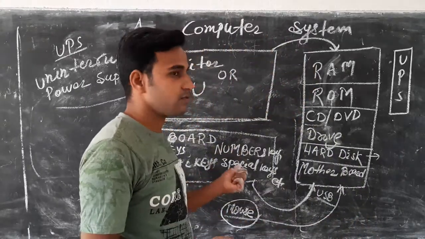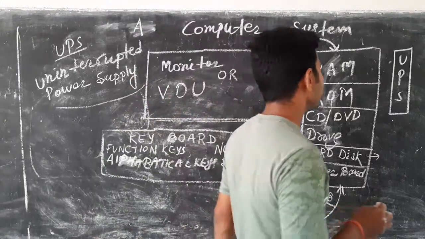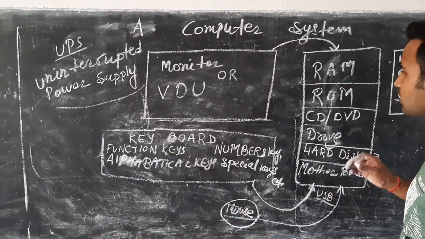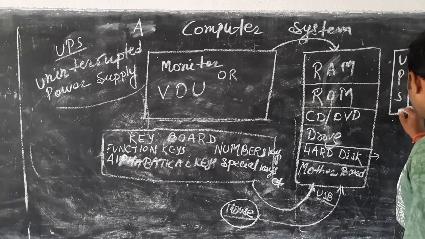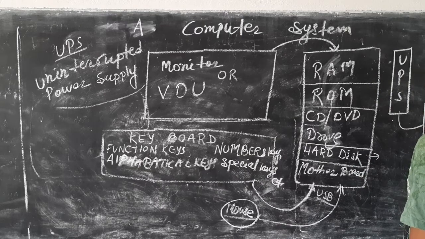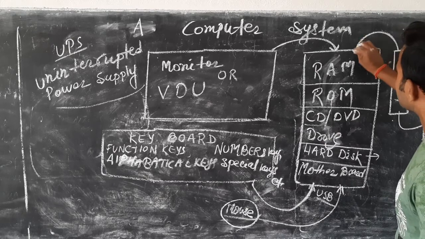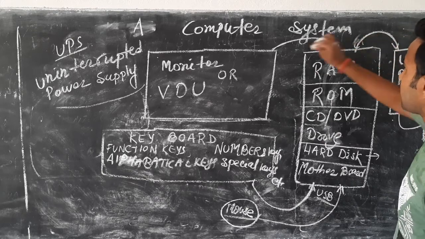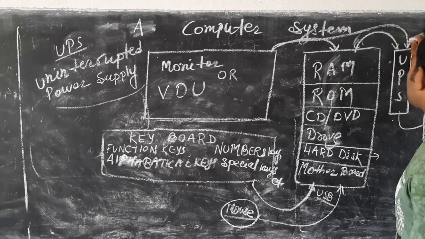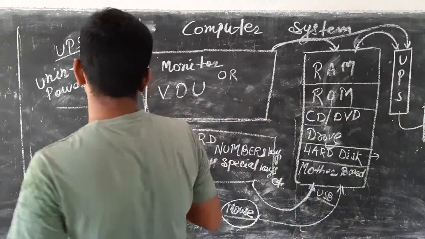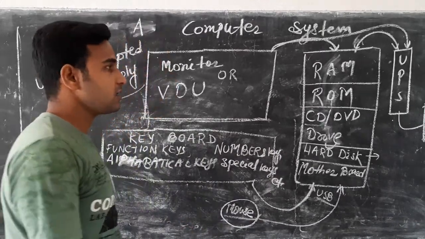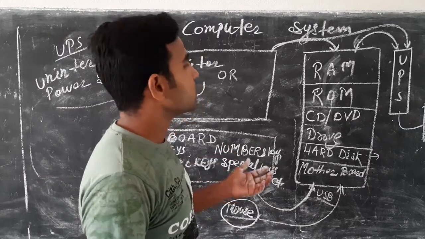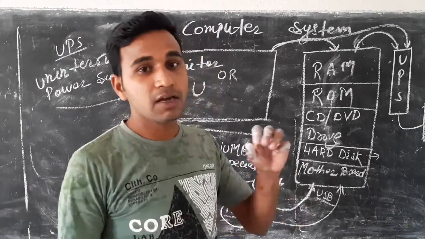So a user needs a UPS to store energy for a few minutes and use it to switch off properly. The UPS is connected to the electricity board, and this is connected to the CPU, and the monitor is also connected there for displaying. It is the hardware we use to store energy so that the computer system doesn't switch off directly.